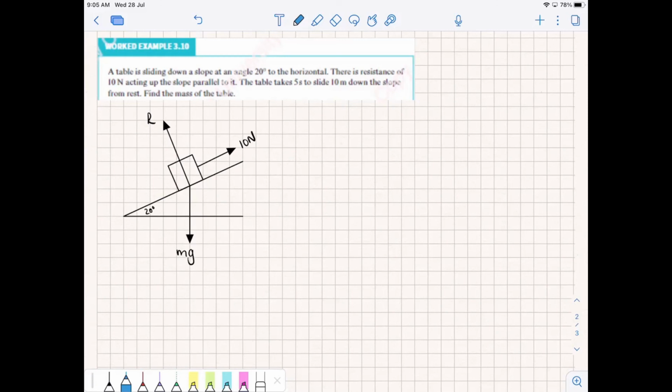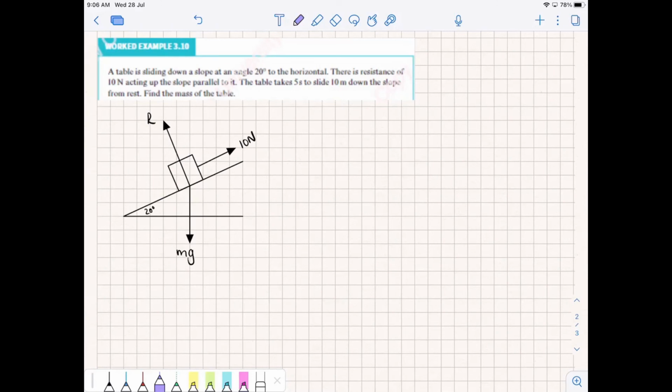And we're told that the table takes 5 seconds to slide 10 meters down the slope from rest, and we want to find the mass of the table. So we need to rack our brains back all the way to chapter 1 and think, okay, we've been given some information here.